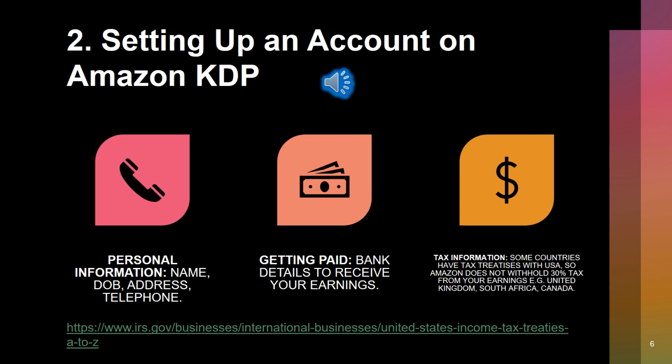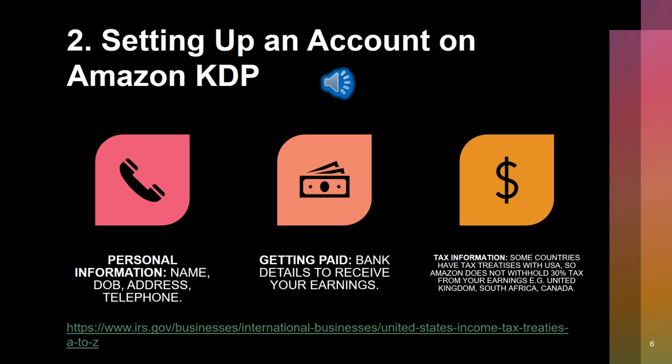So, for instance, if you live in the United Kingdom, South Africa, Canada, and many other countries that have a tax treaty with the United States of America, Amazon will withhold zero of your tax because they have that understanding with your country that tax from business done with an American company like Amazon should go to the UK or Canada and so on.